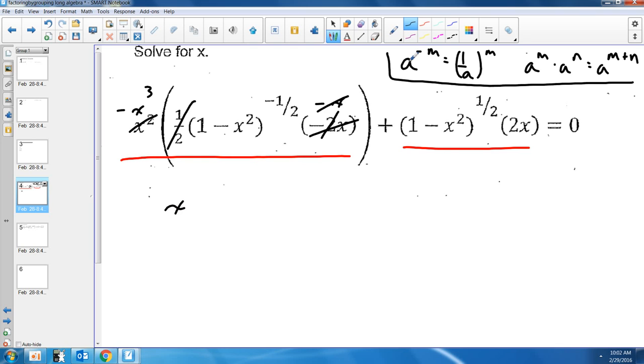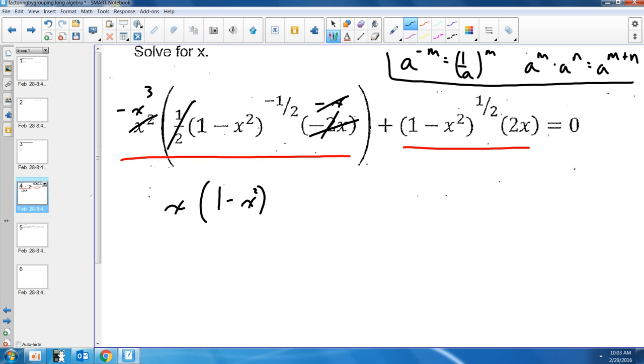Now, when I do that, I have to be careful, because my exponents are not the same, they're different. I'm just doing this to make it easier to work with. And this is the trick in the problem at this step. How can I pull this out? 1 minus x squared to some exponent. When I pull it out, I want to make it easier.